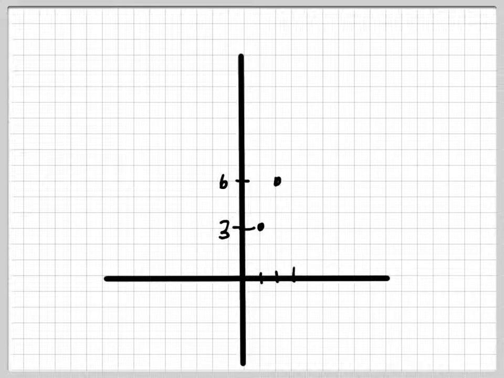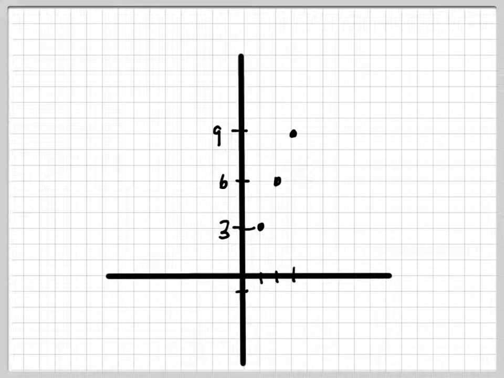The third one was 3, 9. And then the last one that I kind of threw in there at the end was -1, -3. Move this up just a touch. Over here.